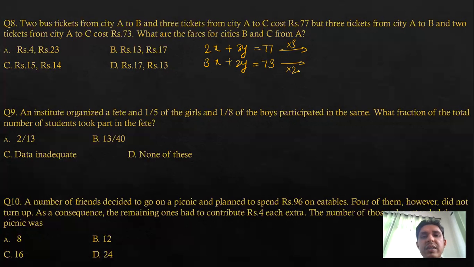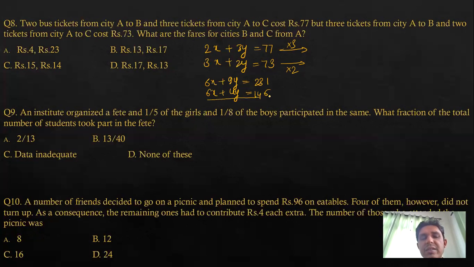We will get 6x plus 9y is equal to 231, and 6x plus 4y is equal to 146.